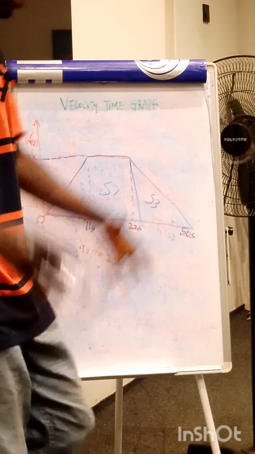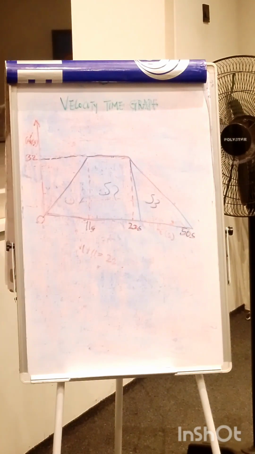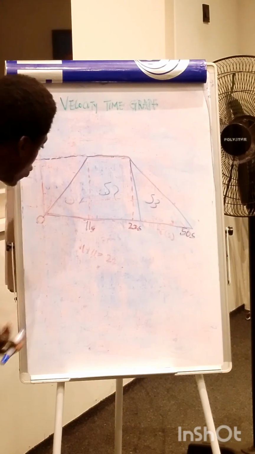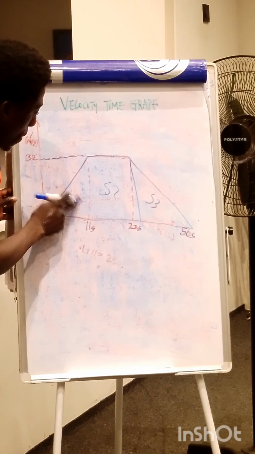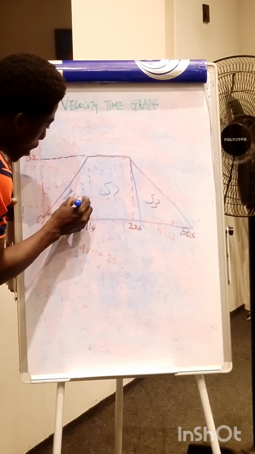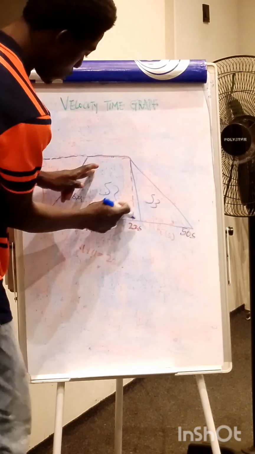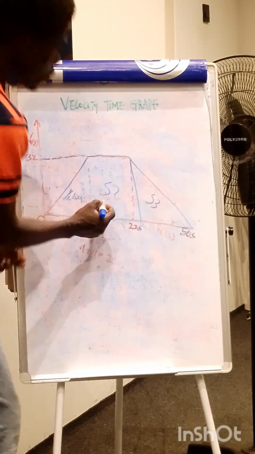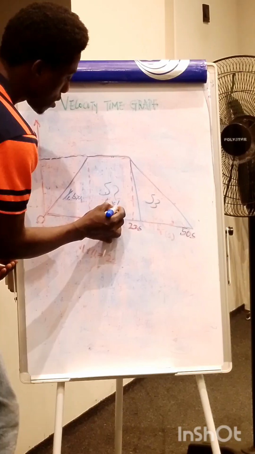What you just need to do is say my house 1 is a right angle triangle, and simply my formula would be half base times height. This is my second house here, which is a rectangle. I'm using my primary school formula, which is simply length times breadth.